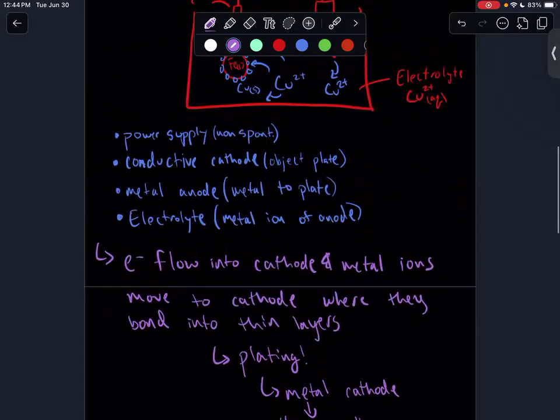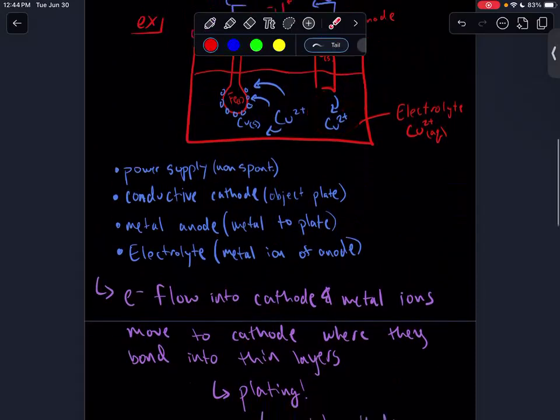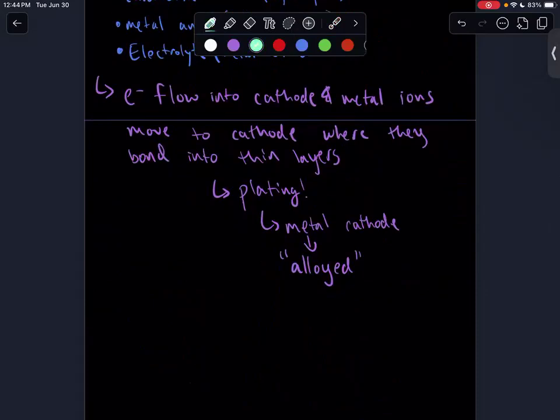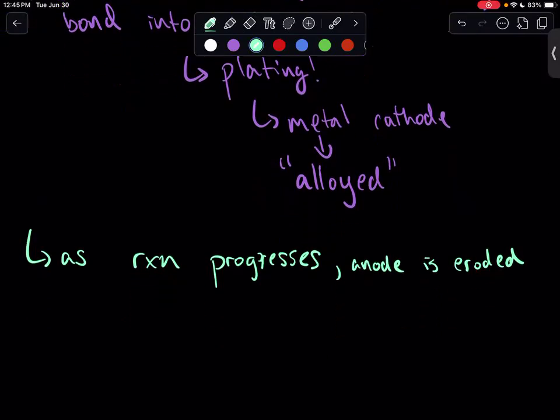Now, one other important thing is we noted that copper is coming off our anode, which actually means that as this reaction progresses, our anode is eroded. All those metal atoms are becoming ions and migrating to plate the surface of our cathode.